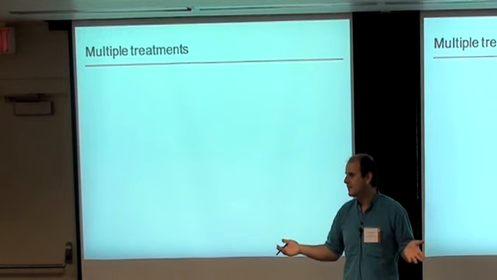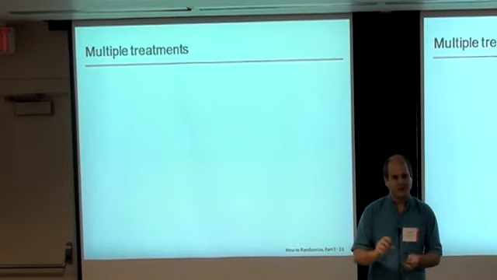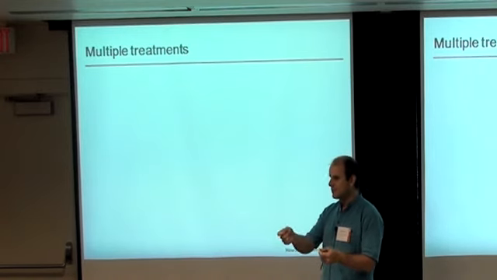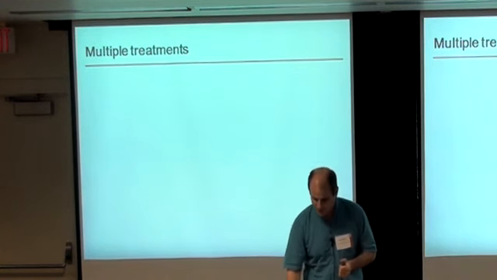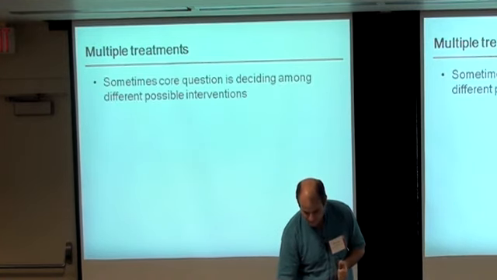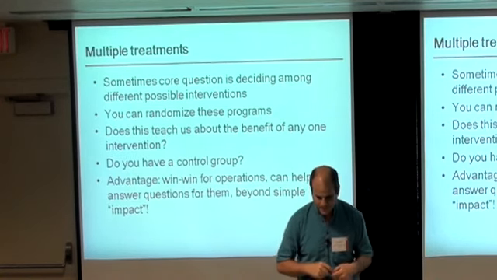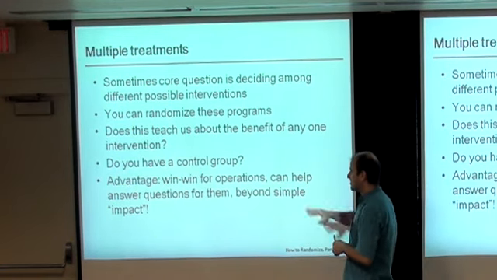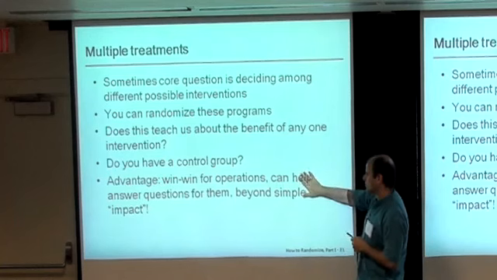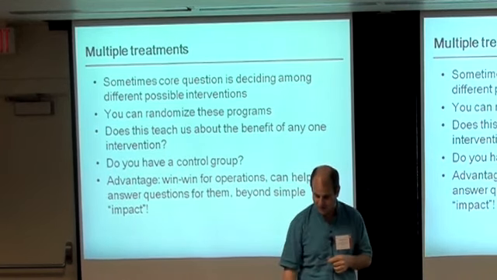What's better? Well, the research can help answer that question by having an evaluation which evaluates the overall program, but then also randomizes whether or not there's training involved. This is one of those key areas where it's a win-win for operations, where you can help answer questions for them beyond the simple impact question.